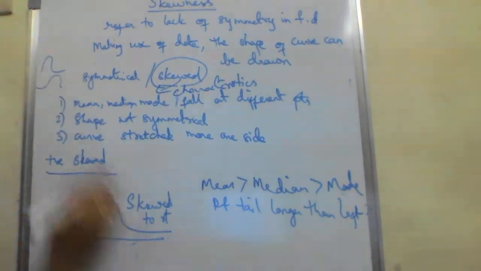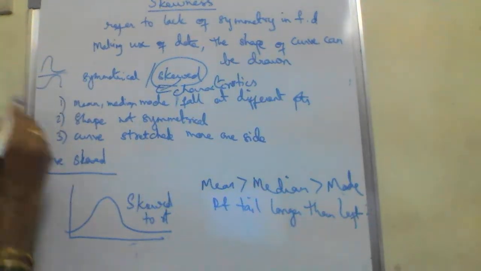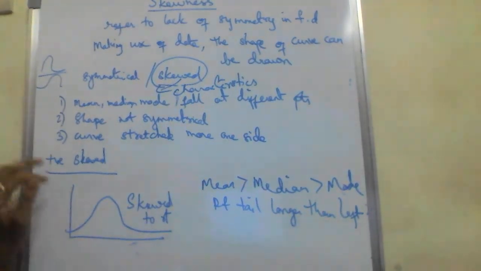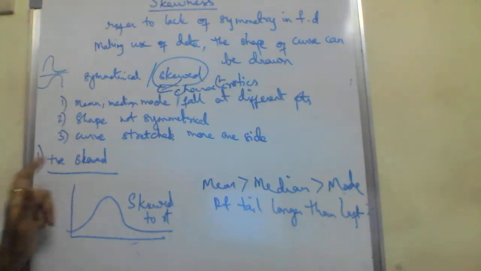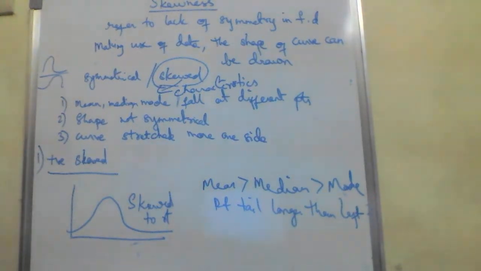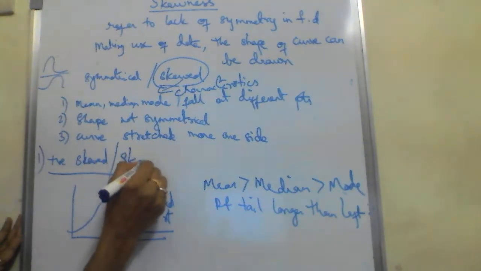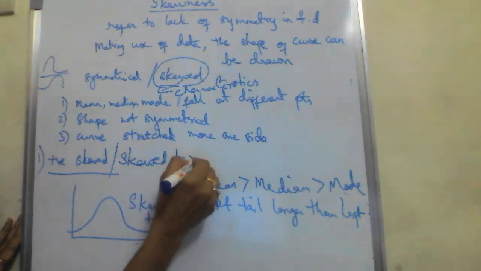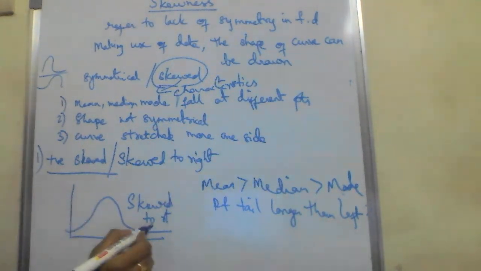So they are not symmetric. It will be stretched to any one of the sides. So first type of skewed curve is positively skewed, or you can say it is skewed to right. So the graph will be in this particular way.